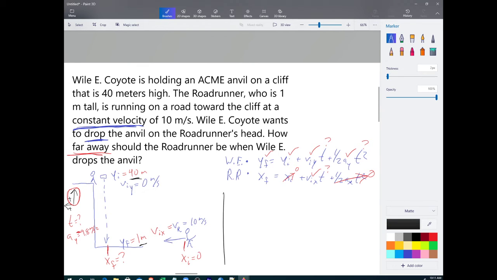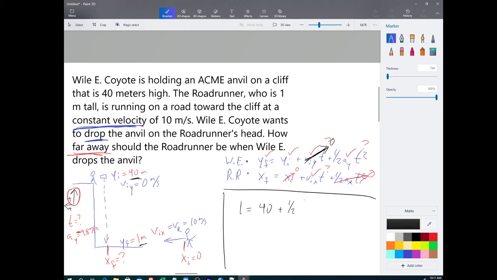Okay, once I'm to this point, now I can plug in my numbers. Again, this problem is not necessarily that difficult, but it's different than the rest of them that I gave you, which is why I kind of wanted to do this one for you. So, I start plugging in my numbers. 1 equals 40 plus, let's see, this was 0, so I might as well just go ahead and cancel that all out.